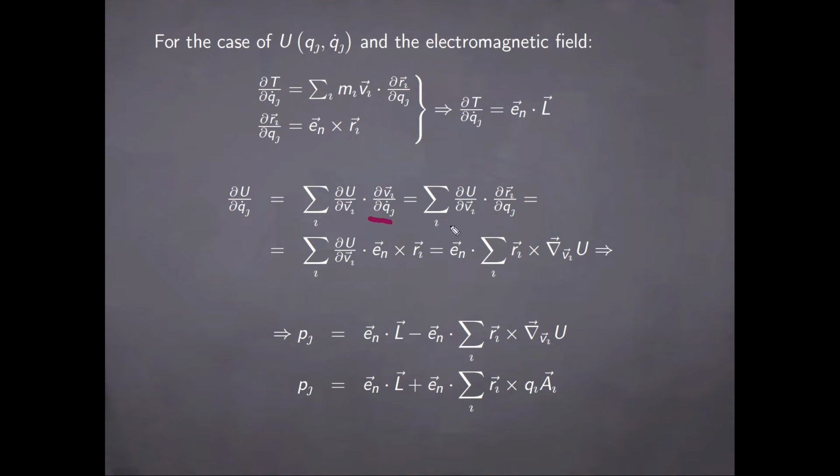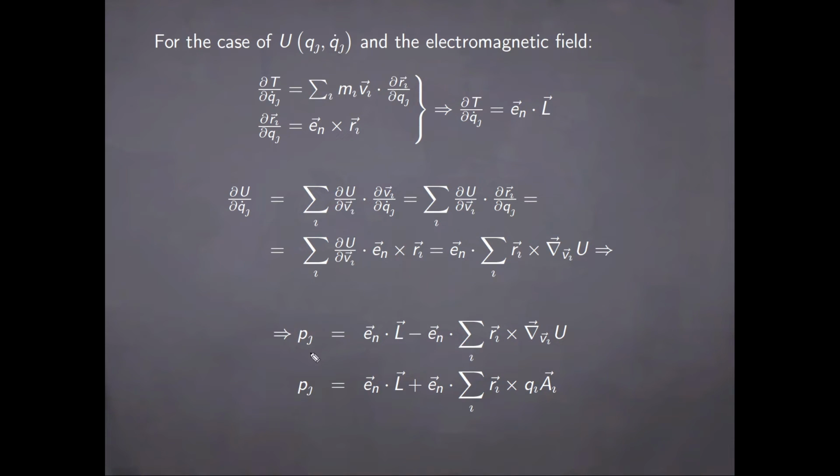But we already know this from equation 151, and we also know that this is equal to what we have obtained here. And then once again, by doing a simple permutation of the vectors in the mixed product, we obtain the result here.